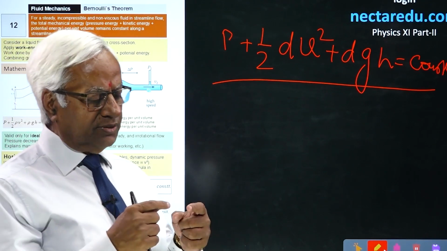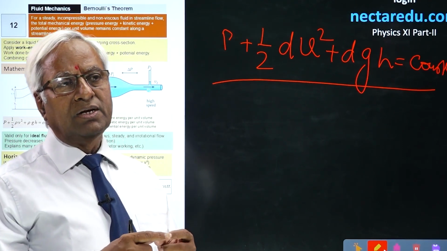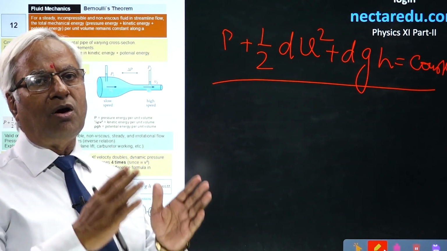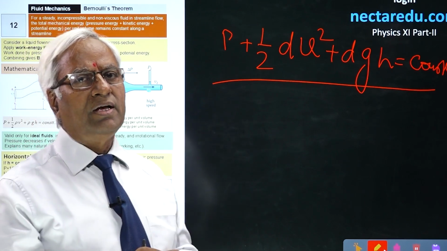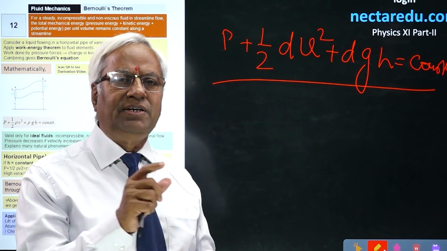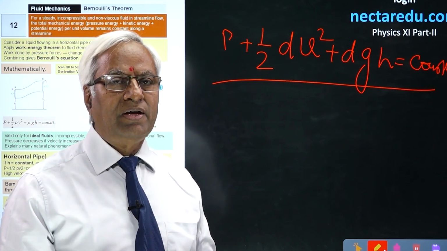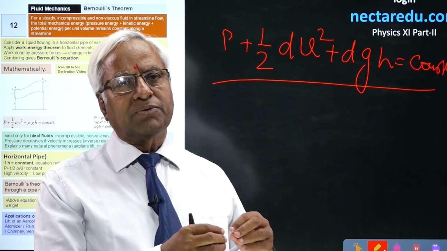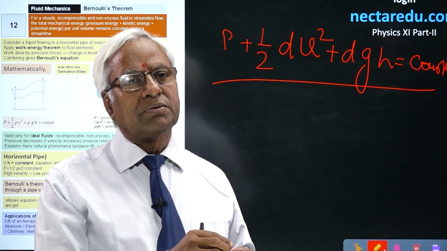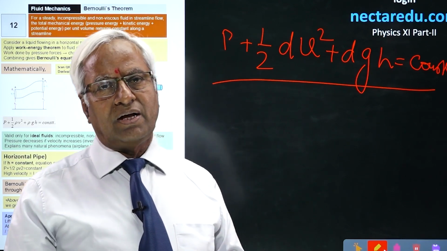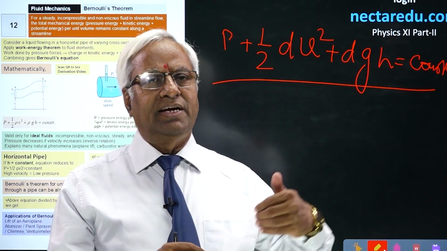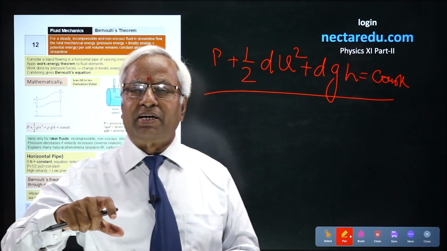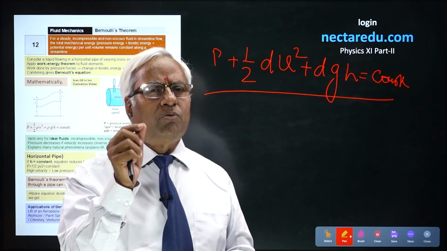If the fluid is ideal, it simply means it is incompressible and non-viscous. No fluid could be ideal. Remember, liquids are viscous but incompressible, so 50% of the criteria is okay with liquids. Gases are highly compressible but very low viscous.